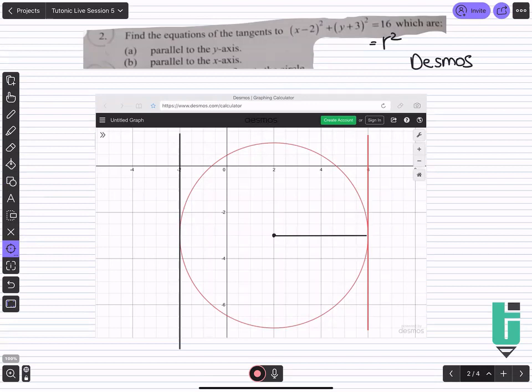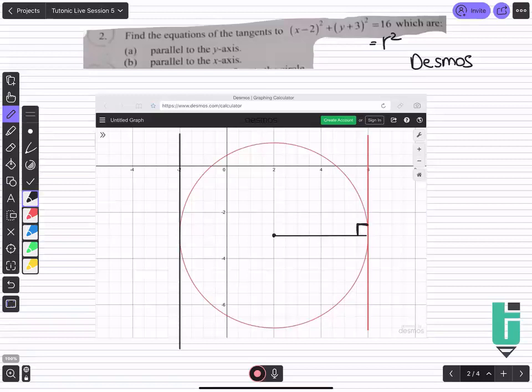There's 11 of you. If the tangent is a vertical line and the radius is perpendicular, what does that mean about the radius? It's a horizontal line. Okay, you guys will see that.